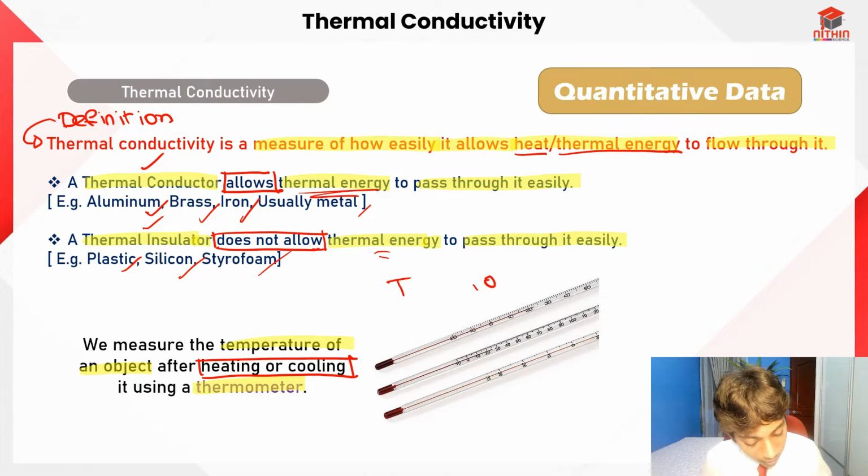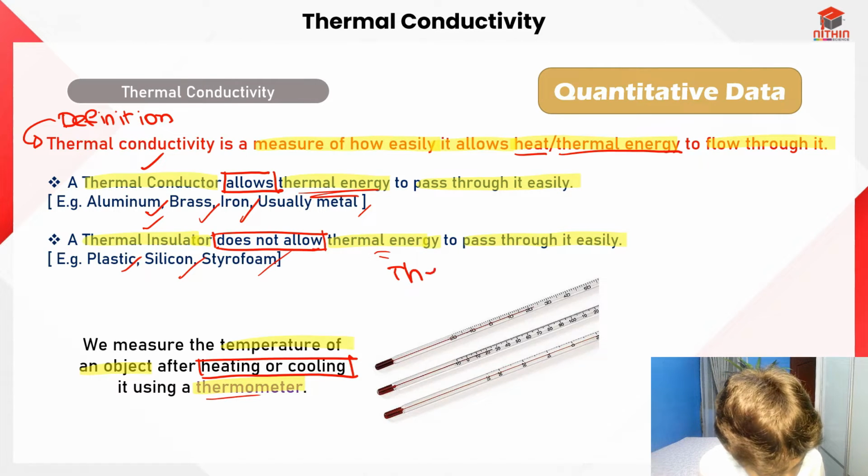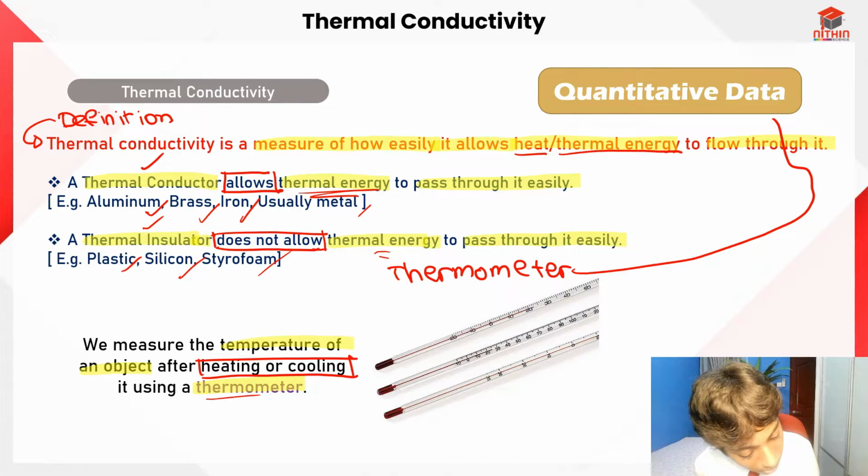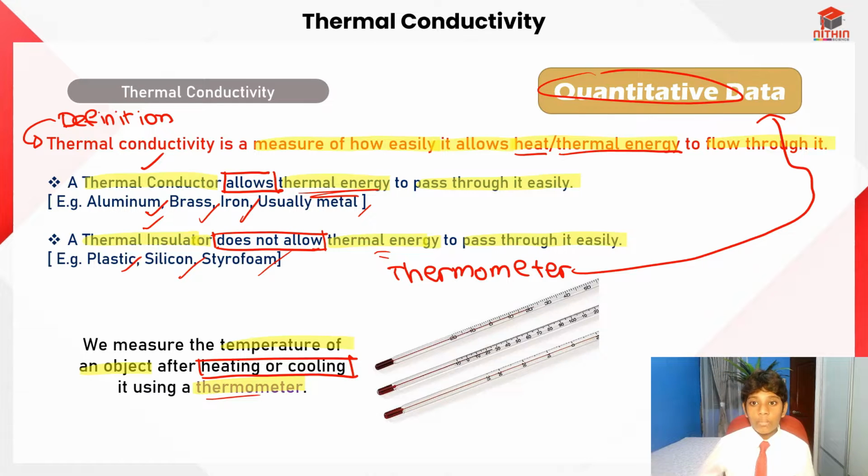Okay, sorry, let me write that down properly. So you're using instruments such as the thermometer. Okay, so that is why for thermal conductivity, we are gathering quantitative data and not qualitative data, where we use the 5 senses in order to collect data.